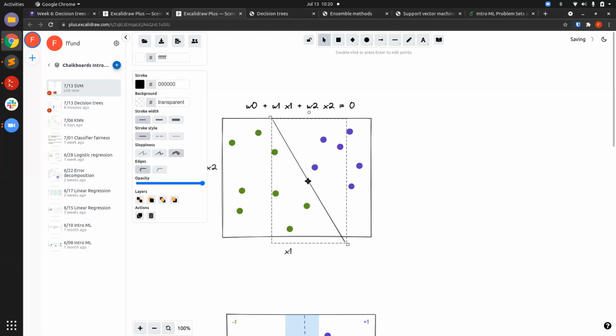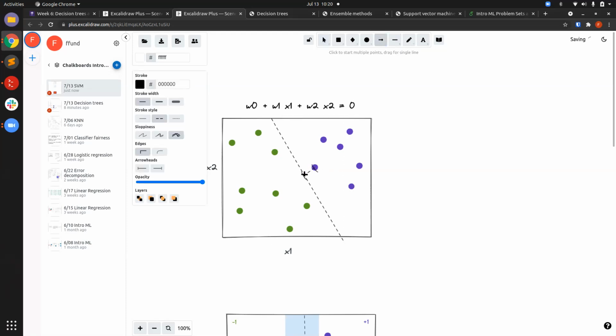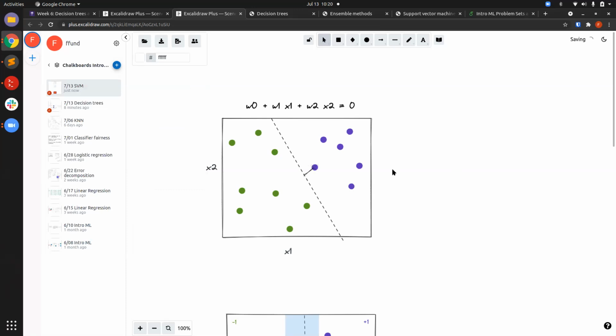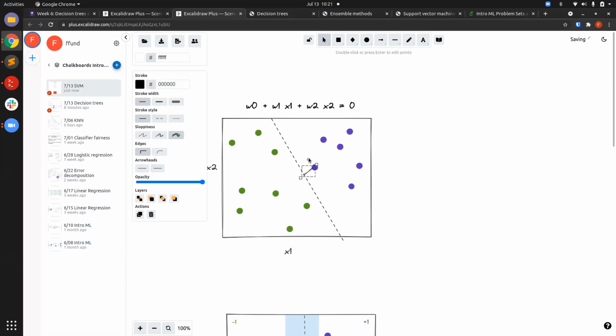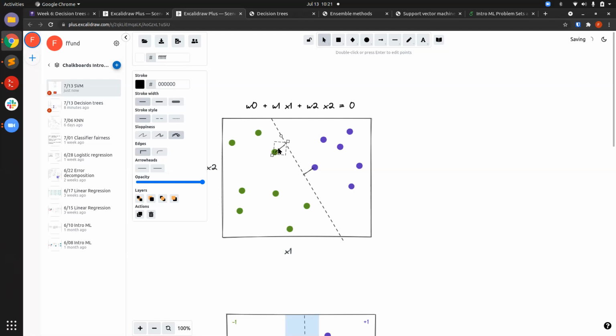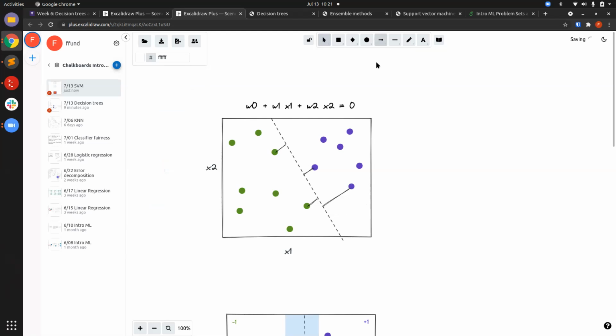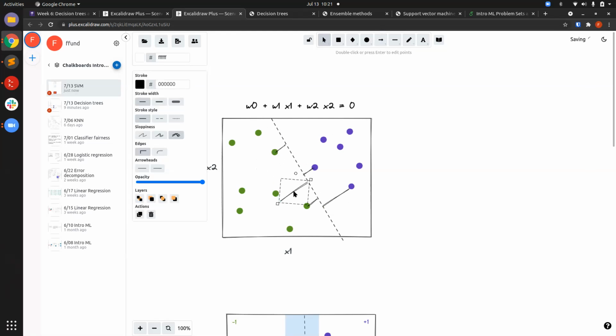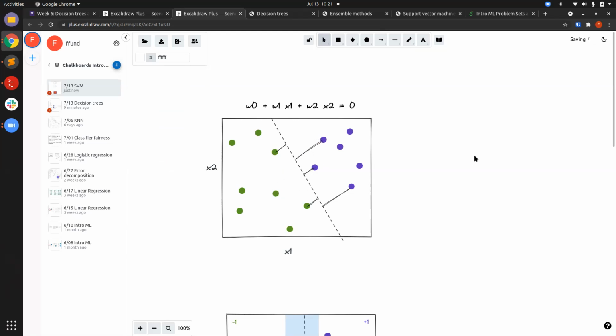Let's say for any candidate hyperplane, I'm going to compute the perpendicular distance to every possible point, every single point in the entire data.